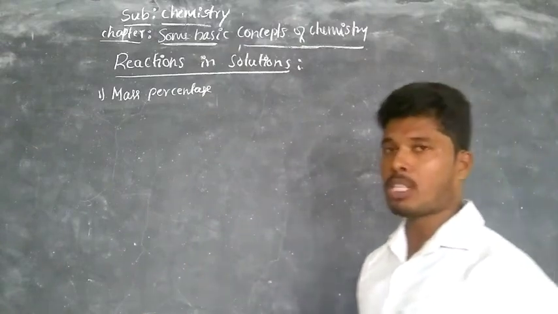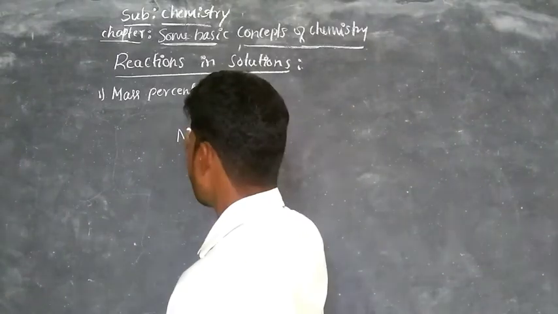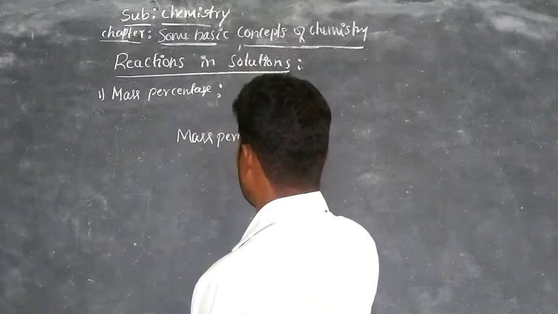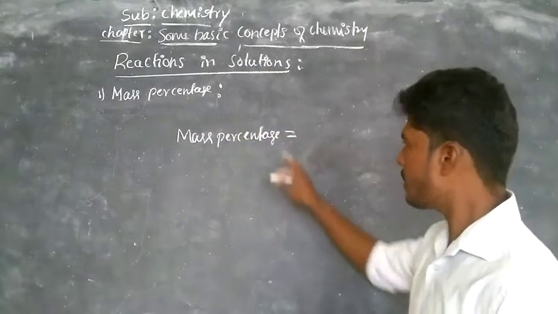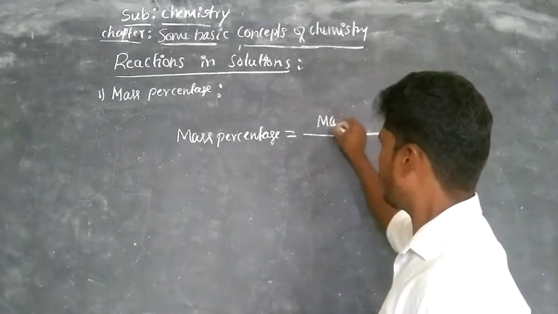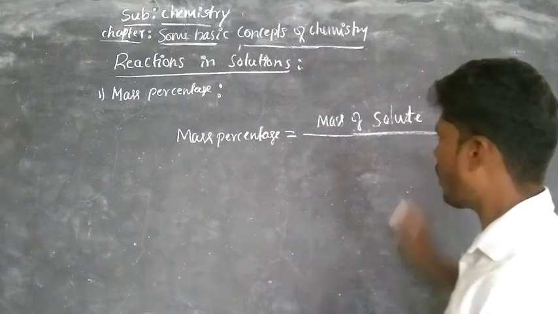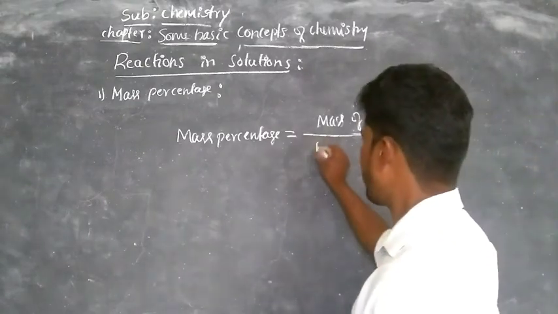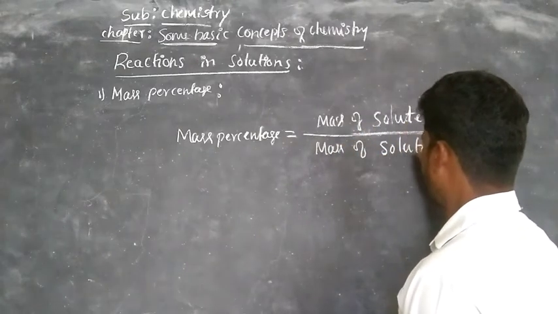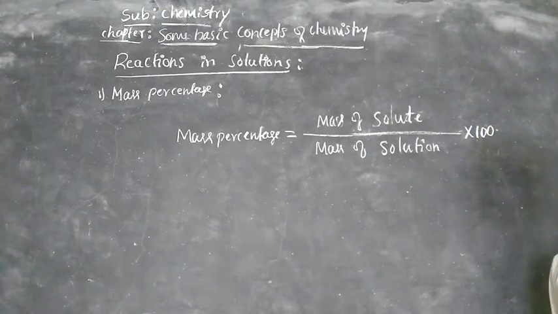So mass percentage is defined as the ratio of mass of solute divided by mass of solution, into 100, is called mass percentage.